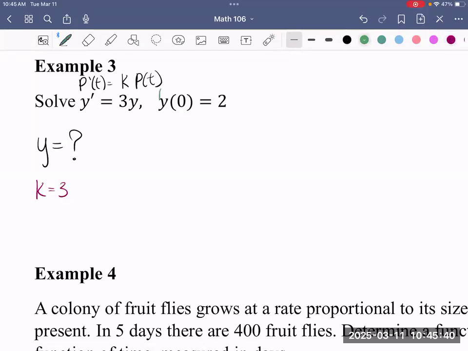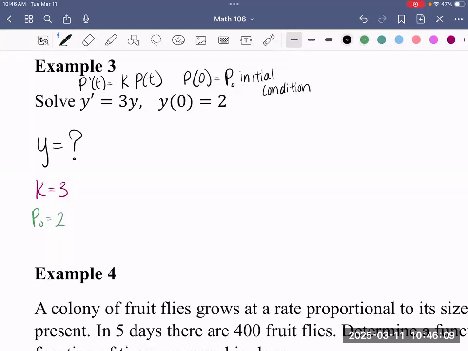And this portion here is your initial condition. So that must mean that your P naught, or your y naught, is equal to 2.